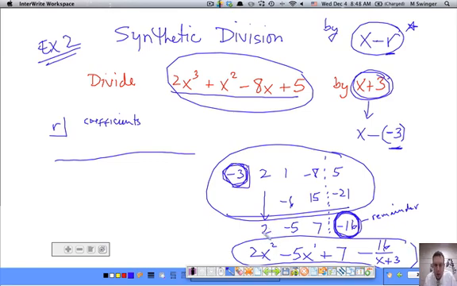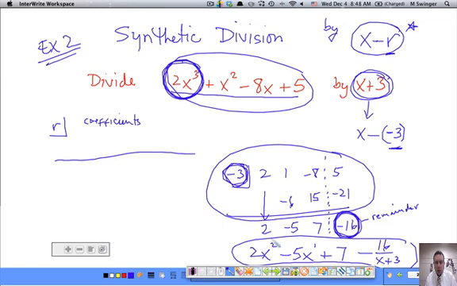So, now, how did I get 2x squared? This first number is always 1 degree less than this one. See this degree? Degree is 3, right? When you divide, it's always going to be, think about it, x cubed divided by an x is going to be an x squared. The degree is always 1 less than whatever this is. If this was 5 right here, this would be 4, x to the 4th right here.